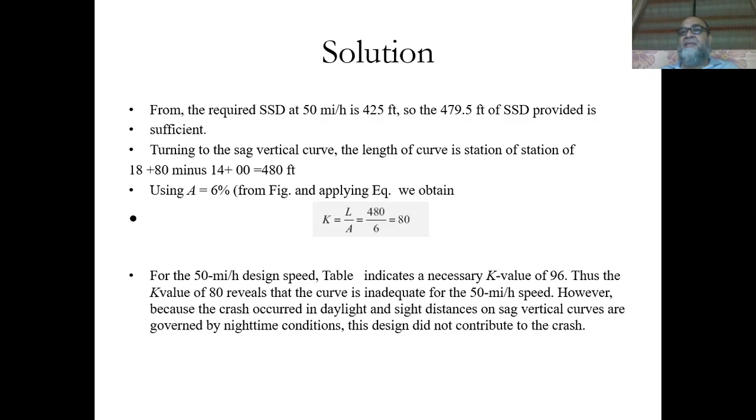Even though we admit that the vertical curve was not adequately designed, since the accident occurred in the daytime, there was no sight distance problem, and there was no vision problem. That's because even if the length of the curve was inadequately designed, the accident did not happen because of the length of the curve, right?